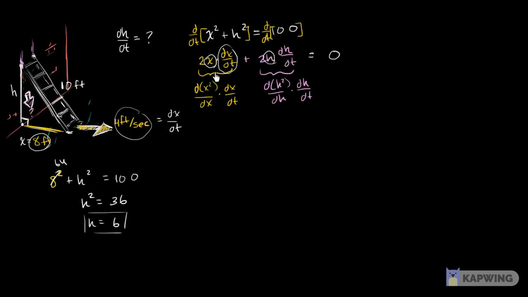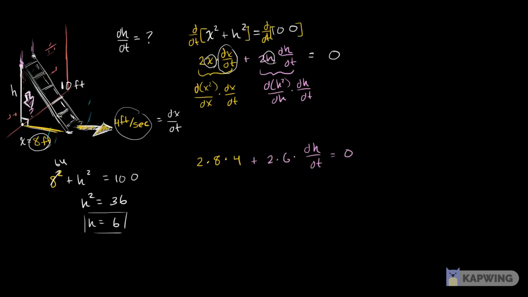So we get 2 times 8 feet times 4 feet per second, plus 2 times our height right now, 6, times the rate at which our height is changing with respect to t, is equal to 0.